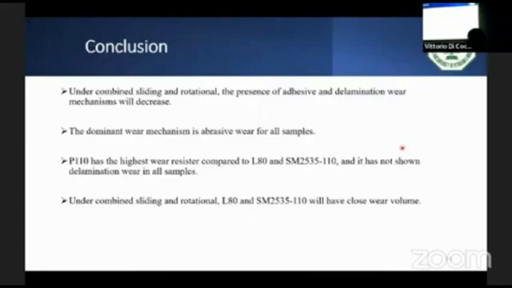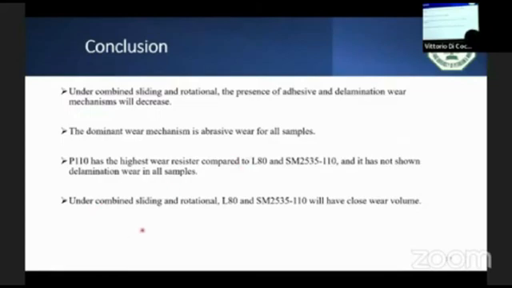In conclusion, under the combined sliding and rotation, the presence of adhesive and delamination wear mechanisms will decrease with penetration, and the dominant wear mechanism observed is the abrasive wear for all of the samples. The P110 has the highest wear resistance compared to L80 and SM2535, and it has not shown any delamination wear in any of the samples.